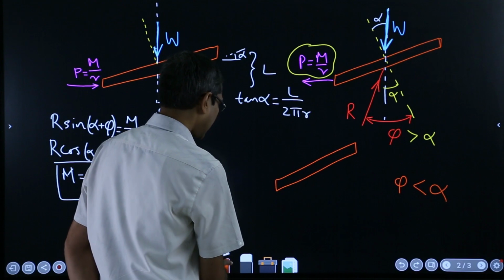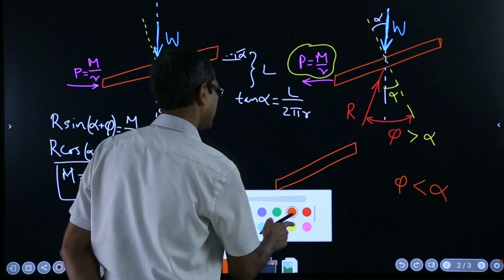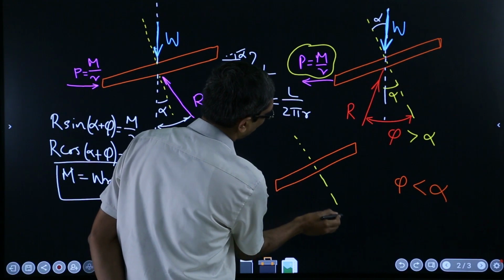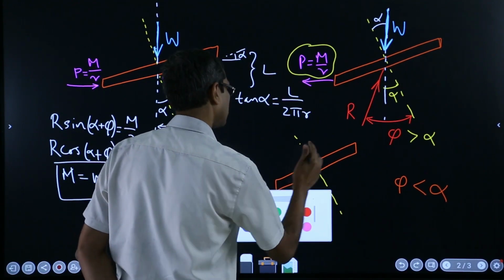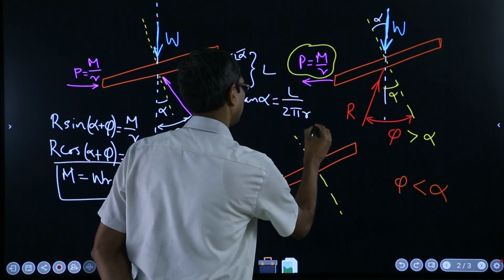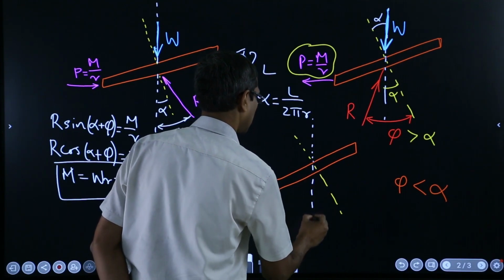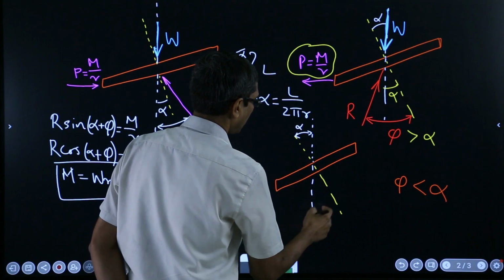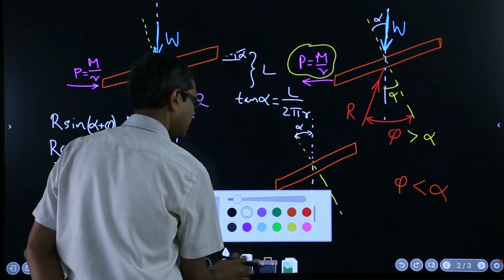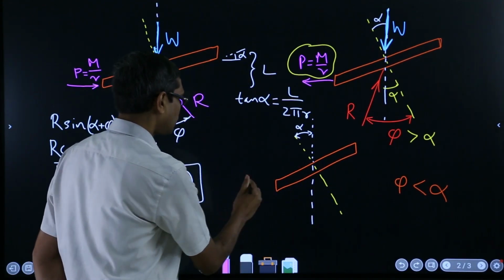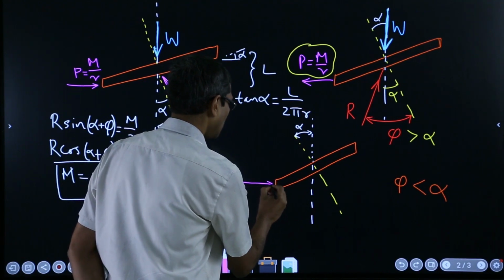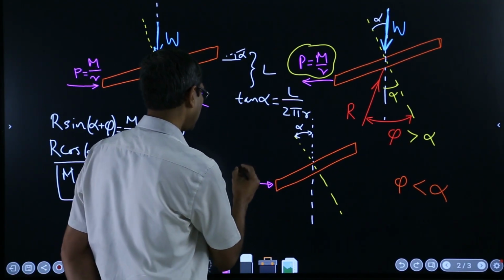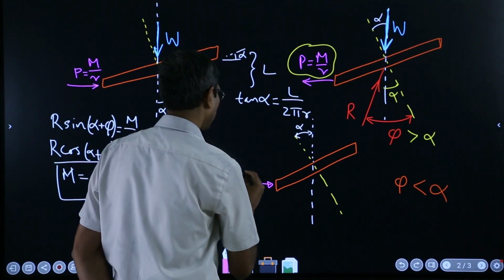Alpha is too high, and under these conditions, let me again draw the perpendiculars the usual way. So this is like that, and this angle is alpha. And now again you have to apply your force in this direction so that it will not fall by its own weight or under the weight of this W.